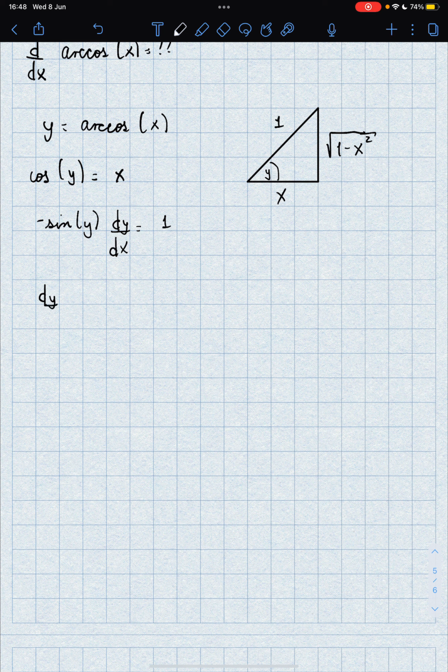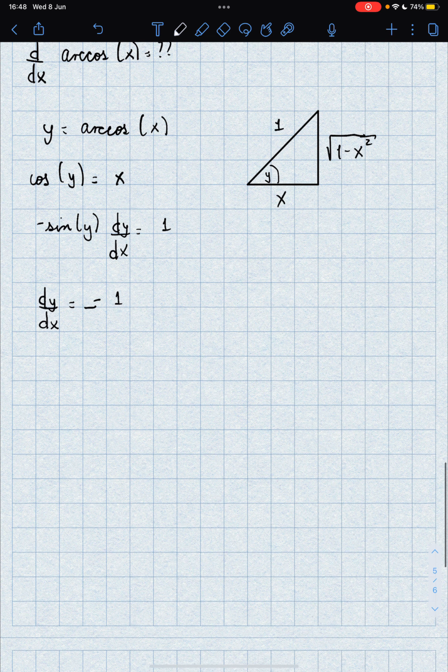If I just want to have dy/dx, at the end I'm gonna have minus 1 over sine of y. And if I look over here, this is exactly what we want. Sine of y is that expression, so we're gonna have minus 1 over square root of 1 minus x squared.